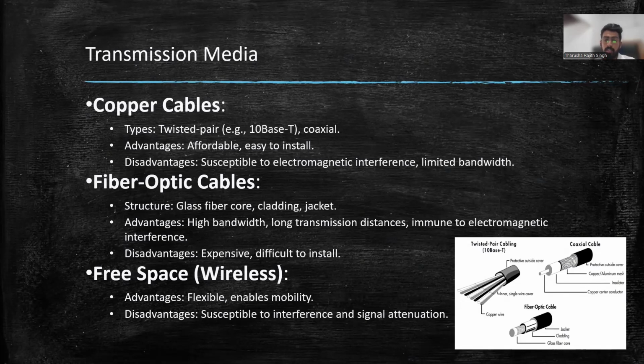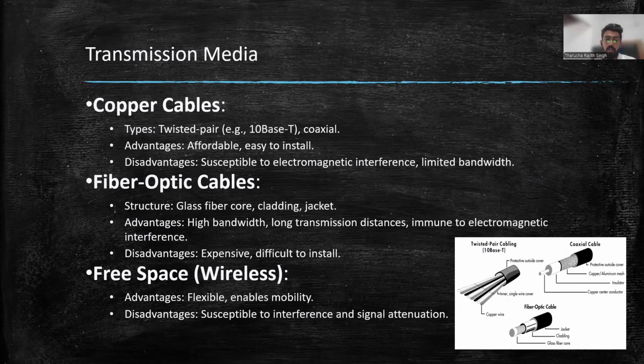The core carries the light signals, while the cladding reflects the light back into the core to minimize signal loss. Fiber optic cables are immune to electromagnetic interference, making them ideal for high-speed networks. However, they are more expensive and difficult to install than copper cables.